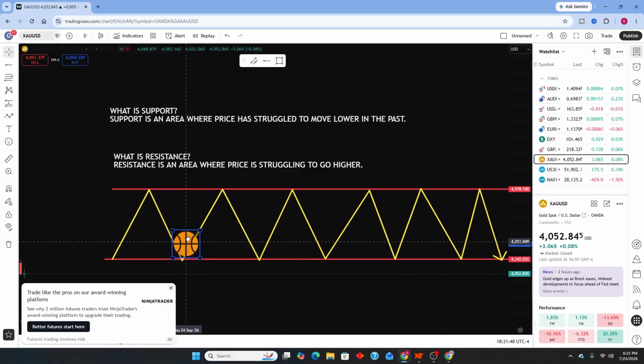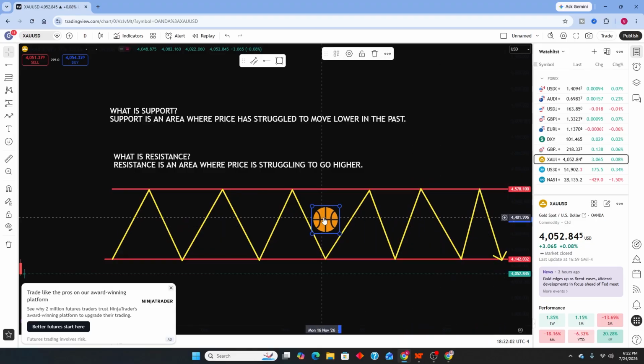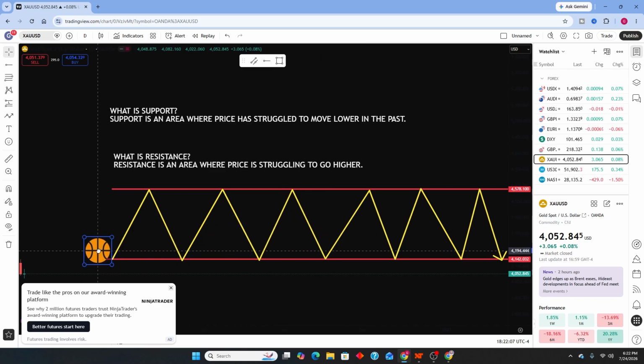Hitting support, hitting resistance, hitting support, hitting resistance, until it fizzles out, whatever. Cool? So, that's your example of support and resistance.